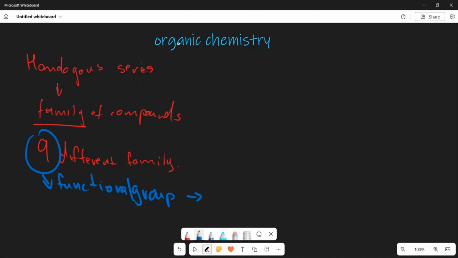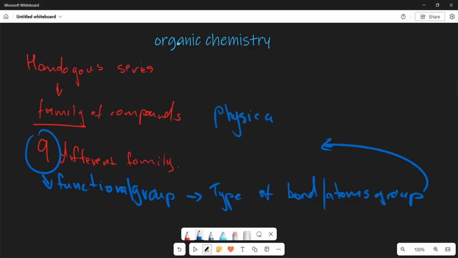What makes these families distinct is the functional groups, and what determines them is the type of bond, atoms or groups. Their determining factor is their physical and chemical properties.